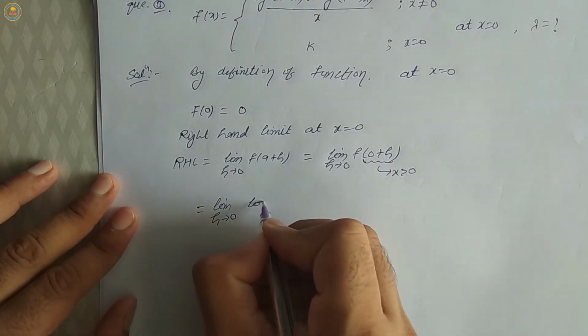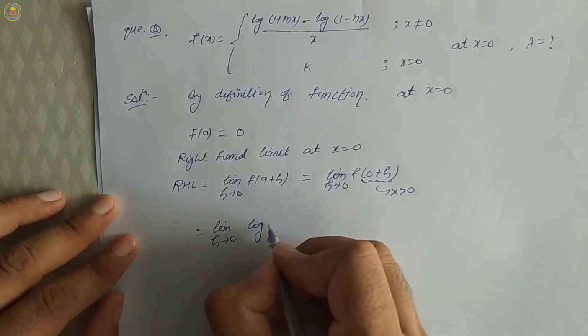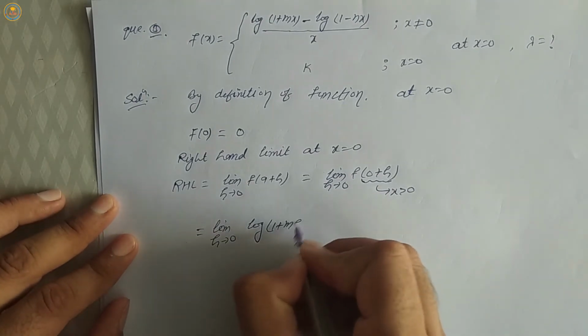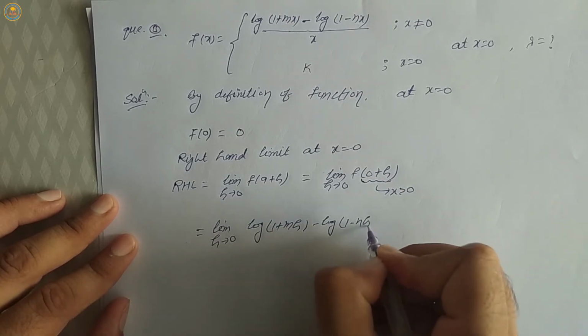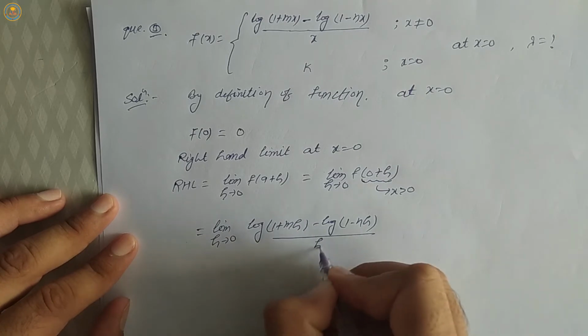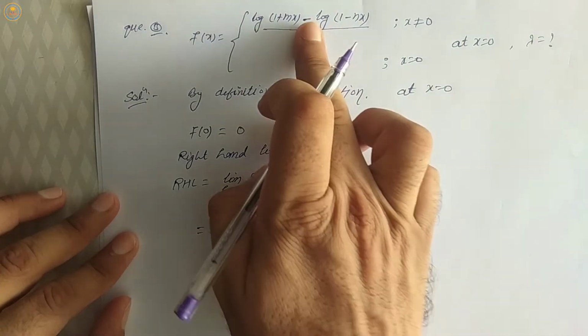of log(1 plus mh) minus log(1 minus nh), by h, where x is equal to h.